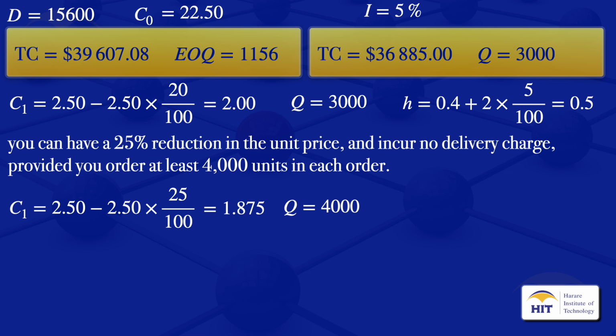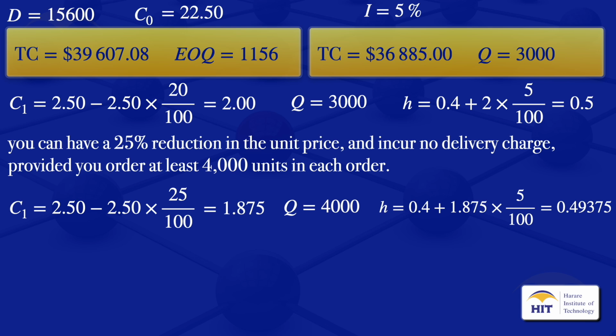1.875. And this new purchasing cost affects our holding cost. Because if you check here, when we calculated our holding cost, we were using a value of $2, but it has now changed to 1.875. So using the new purchasing cost, our holding cost will be 0.4 plus 1.875 multiplied by 5 over 100, the 5% interest, and it will give us 0.49375.